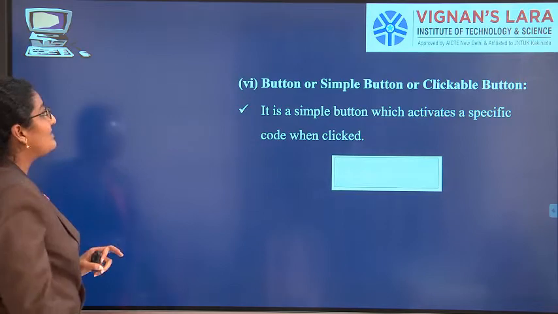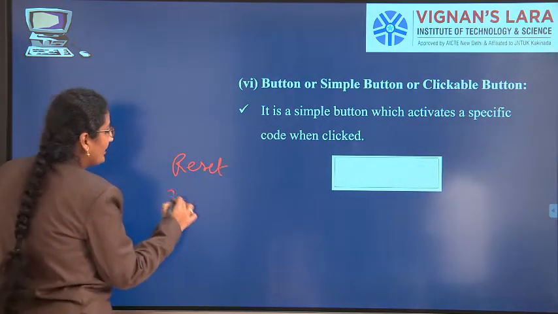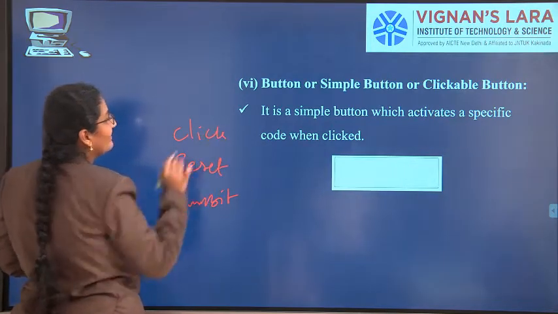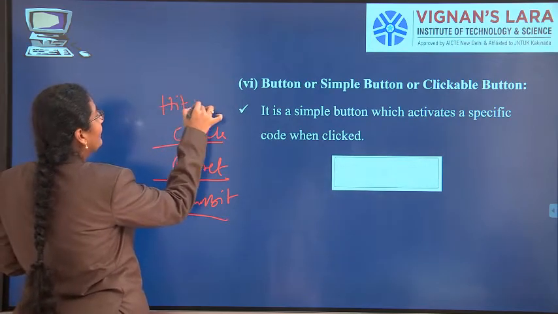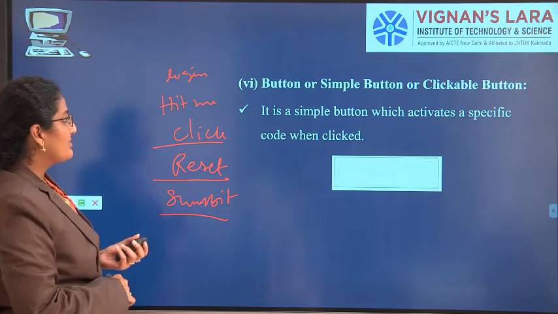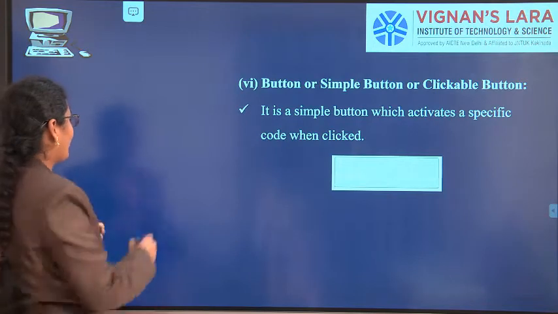So the next one is creating buttons. You can create a reset button, a submit button, a click button, any name you can give. Reset, submit, click, hit me, log in, any button you can create using the tag. A button is a simple thing: by clicking we will perform some action.